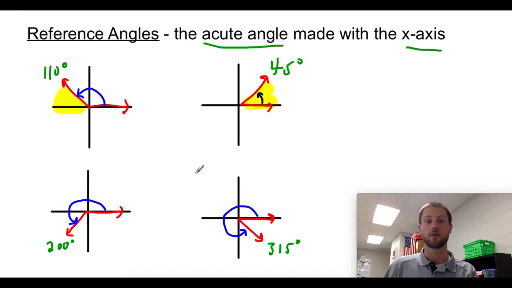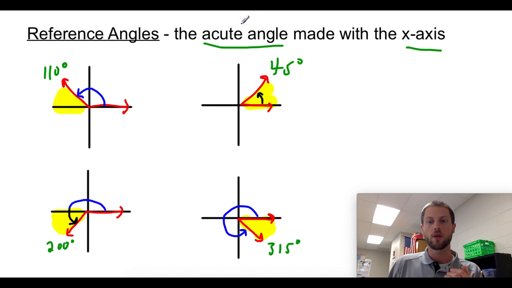Over in quadrant 3, that acute angle is right here. And in quadrant 4, it's right here. It's always the acute angle made with the x-axis, so it's always going to be one of these scenarios. I'm never going to have a weird reference angle that's attached to the y-axis or anything like that. It's always with the x-axis.